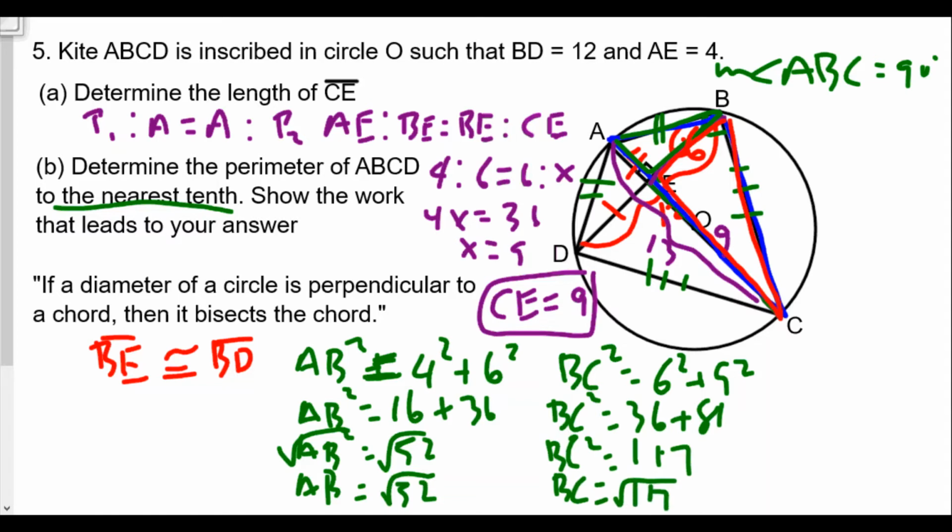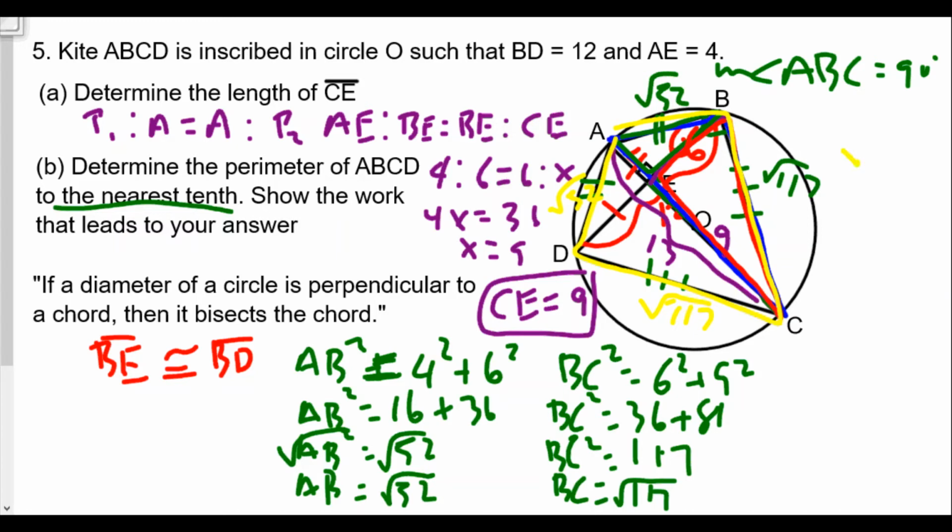All right, so we have in this case the square root of 52 plus the square root of 117. But we want to find the perimeter of the entire quad ABCD. So that would be this whole thing here, where the other sides are the square root of 117 and the square root of 52. So here we go.